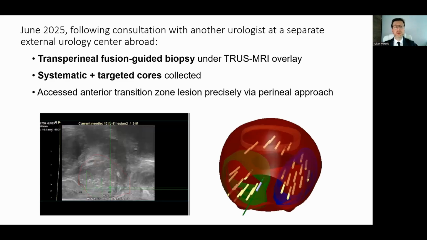In June of this year, following a consultation with another urologist at a separate external urological center, the patient underwent a transperineal fusion-guided biopsy under TRUS and MRI overlay. It was a systematic plus targeted biopsy with assessment of this lesion located anteriorly.